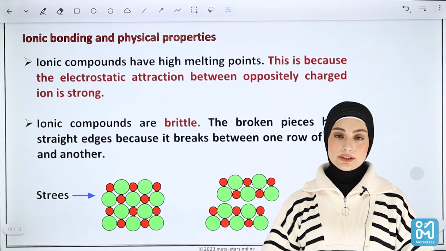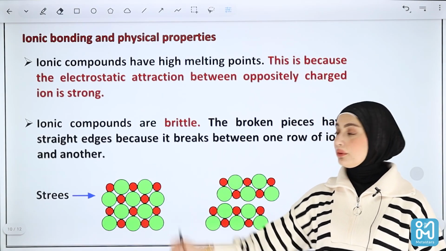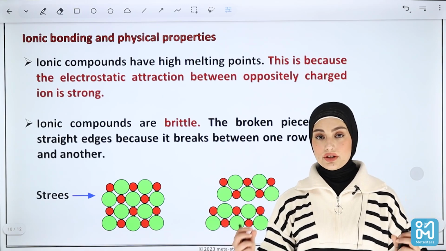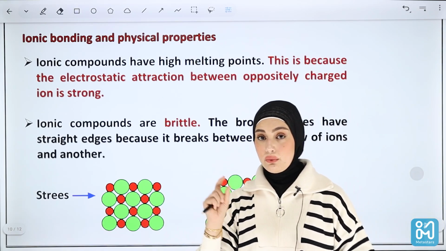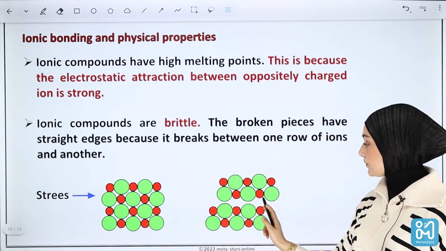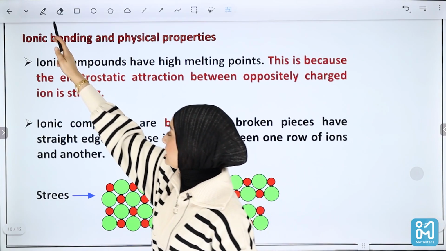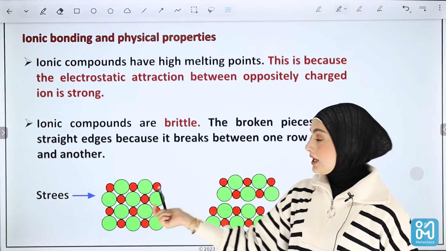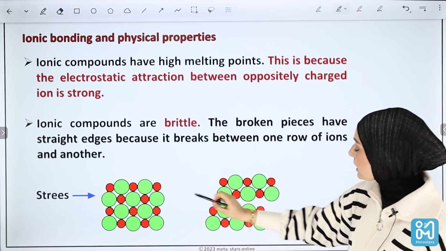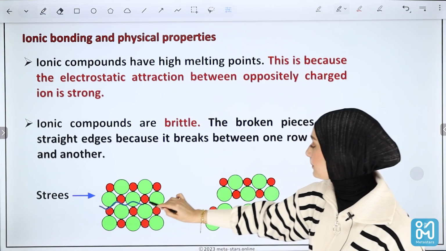The second physical property: ionic compounds are brittle. What is the meaning of brittle? If you break this crystal, we're going to have straight edges. Why do we have straight edges? Because when this crystal breaks, it will break between one row and another.